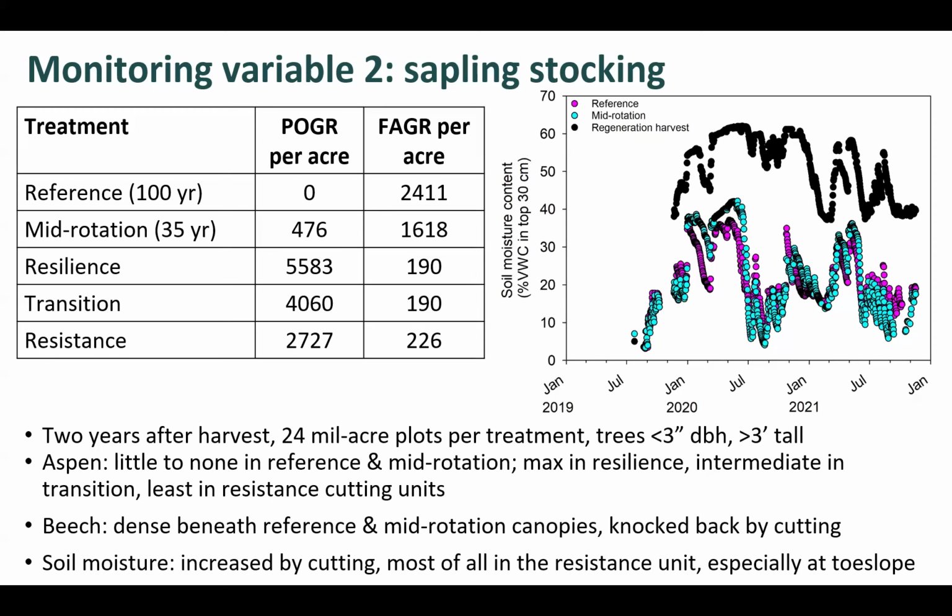And that helps us to understand why, for example, paper birch regeneration might do better in certain settings than in others. And ultimately transfer some of those concepts to other situations where people are looking to accomplish the same things. So those are my examples from this particular experiment on monitoring.